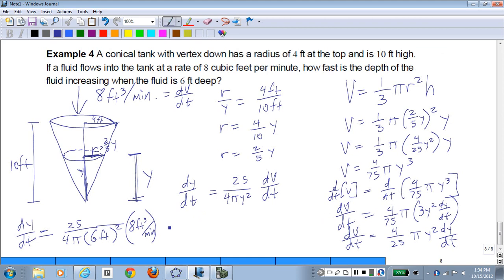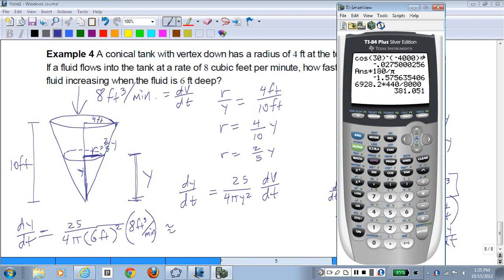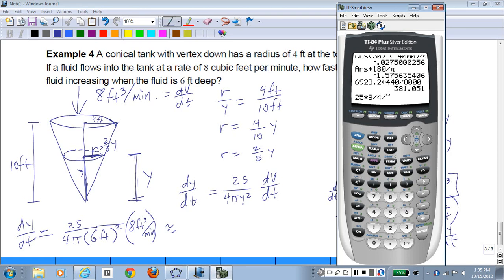So this is going to be about... now I had to be real careful with this, 25 times the 8 divided by 4 divided by pi... not loving the new operating system... divided by pi, come on pi... divided by 6 squared. Not used to that exponent.